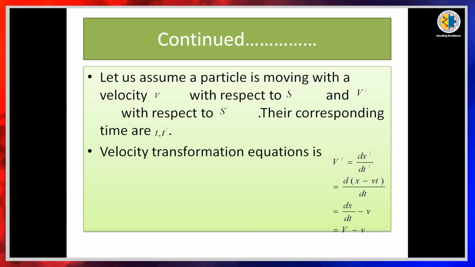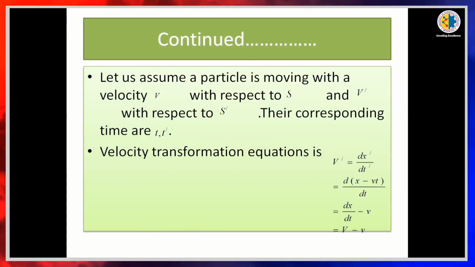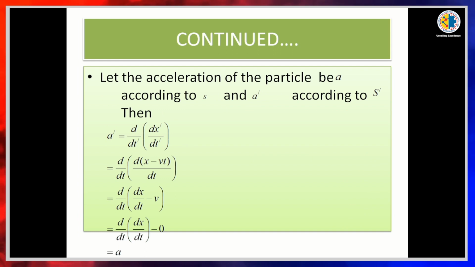Now try to understand the relation between V dash, V and small v. Capital V is the velocity of the particle with respect to S frame, V dash is the velocity of the particle with respect to S dash frame, and small v is the velocity of the moving frame. This is the velocity transformation equation we discussed in previous classes.